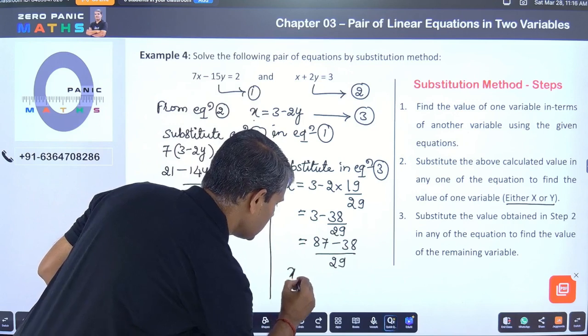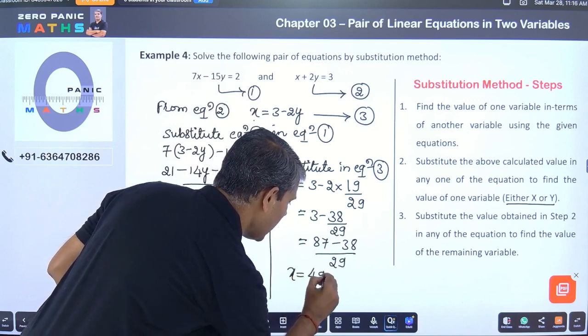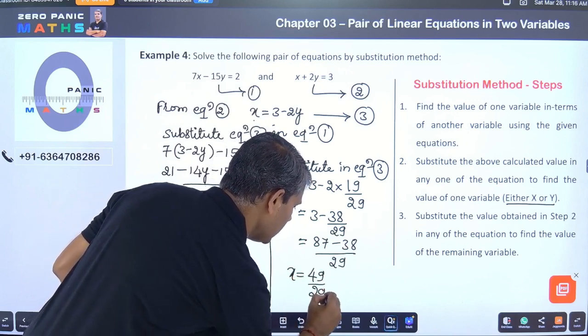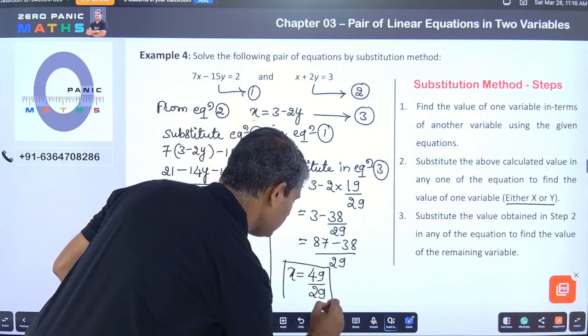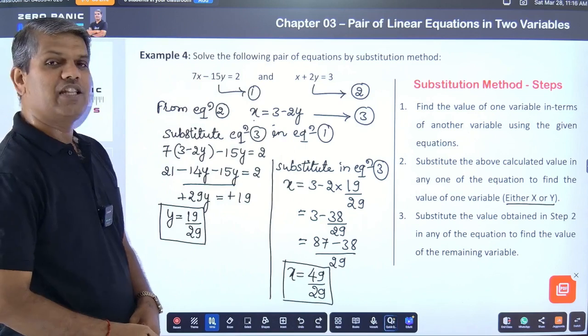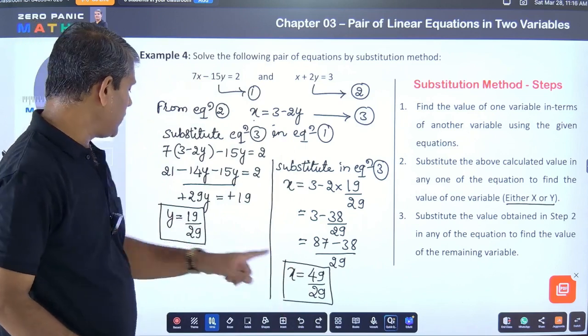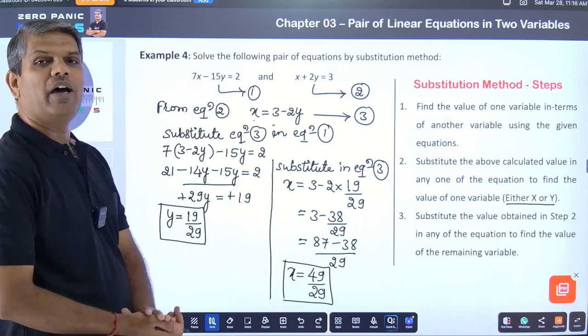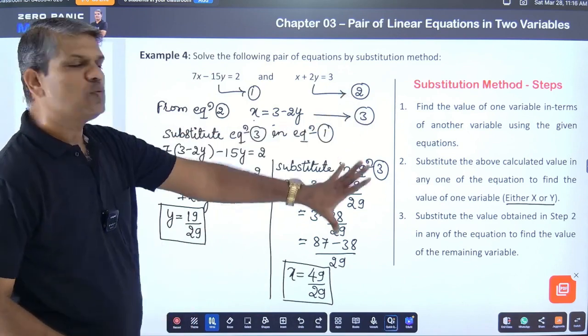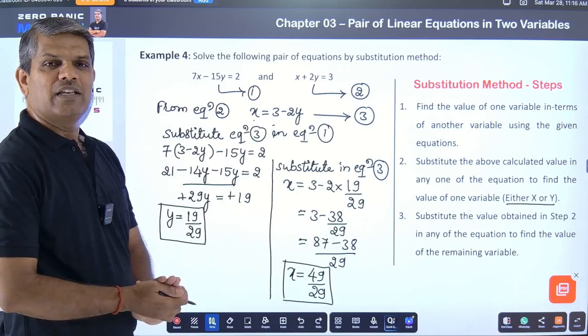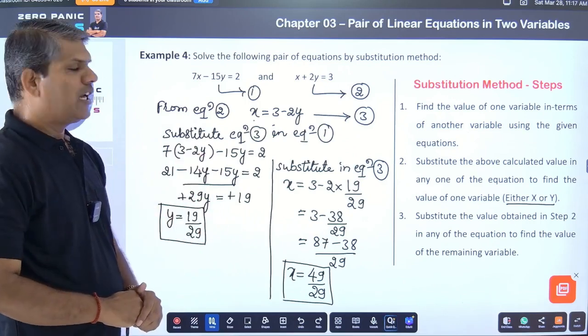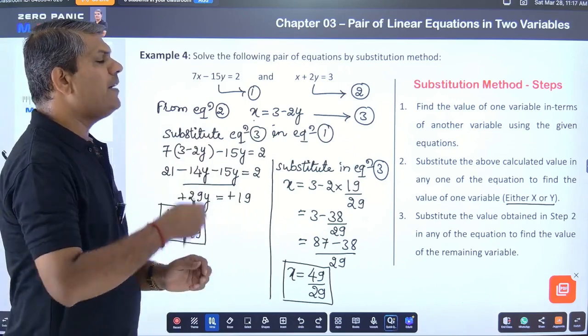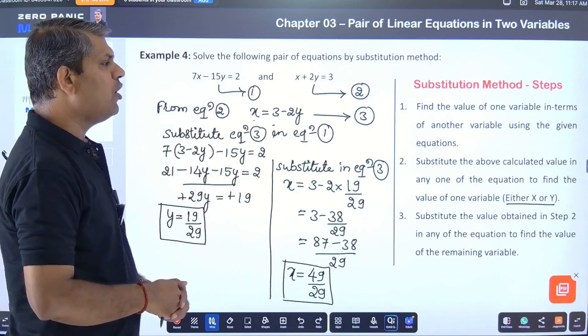So x is equal to 49 by 29 is the value of another variable. So x is equal to 49 by 29 and y is equal to 19 by 29. So this is what the substitution method is. Remember these steps, right? Okay, let us move to the next problem.